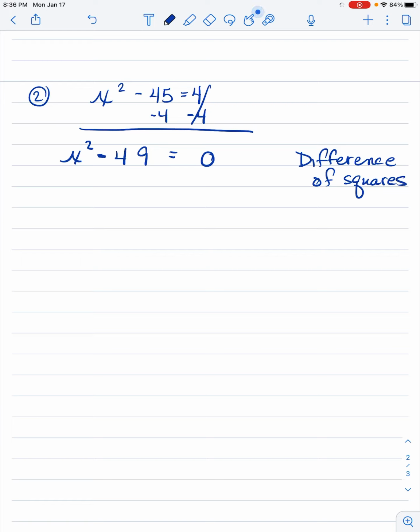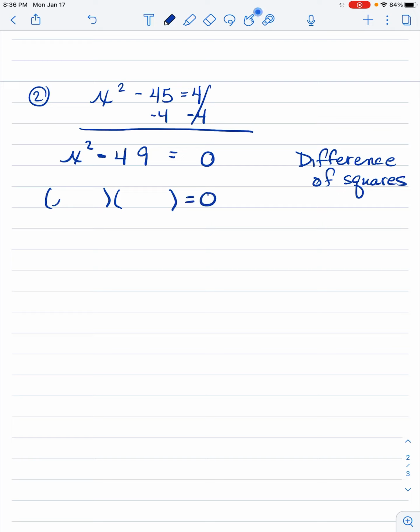Okay, so all that means is that we are subtracting the square of one number from the square of another. When you have the difference of squares, factoring is kind of easy. All you have to do first of all is recognize that it's a difference of squares.